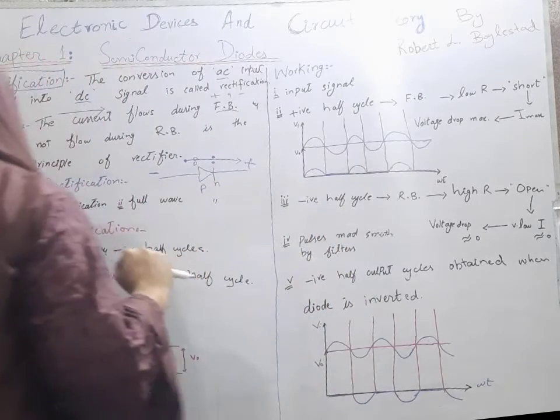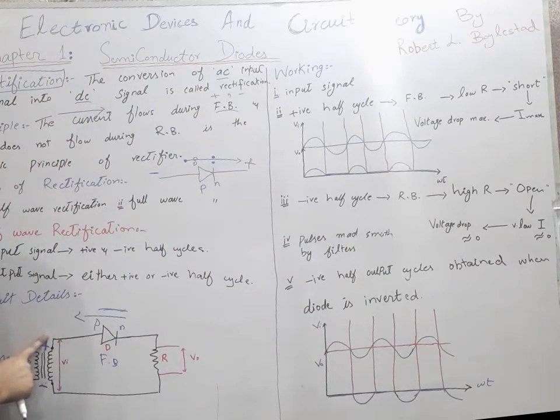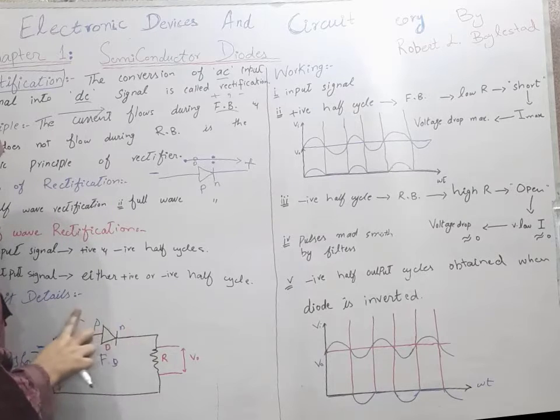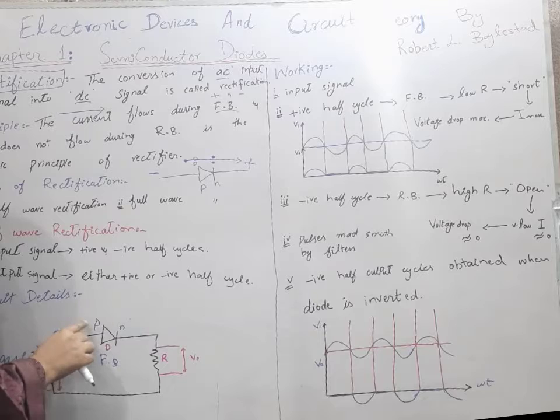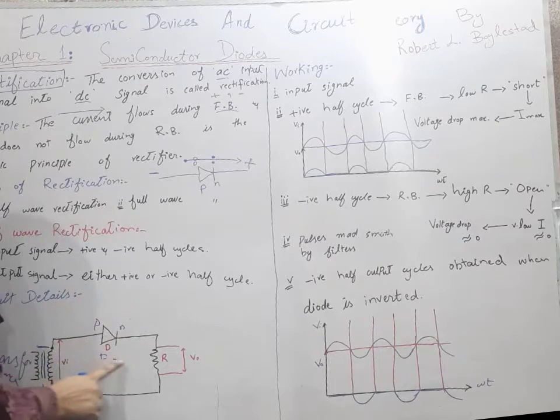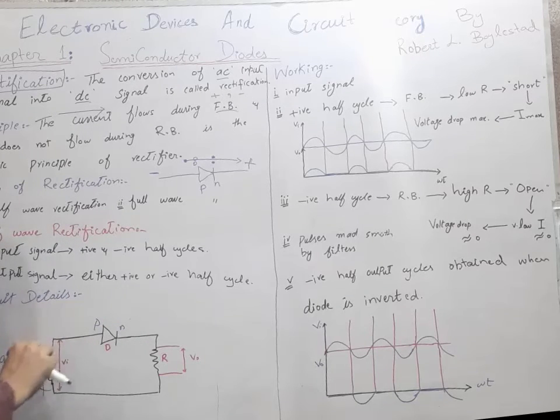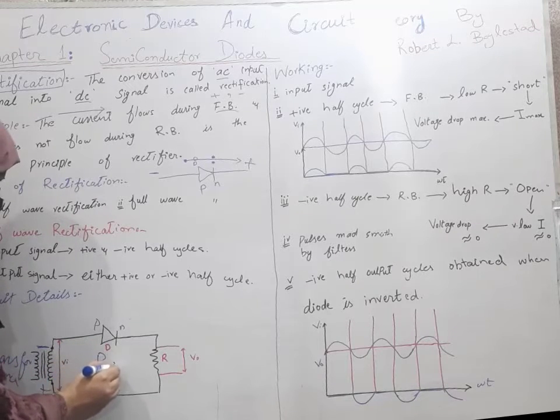So when the negative pulse is obtained here, let us consider we have a negative pulse here. In this case, this is the P side and this is the N side. When the P terminal is connected to the negative of the transformer, then we have the reverse biased.